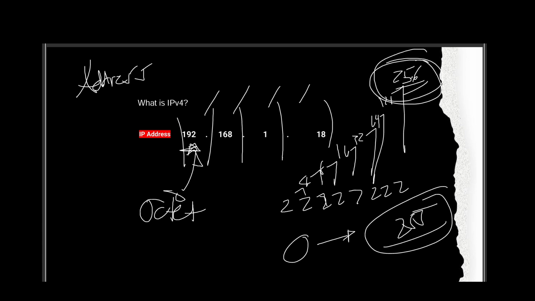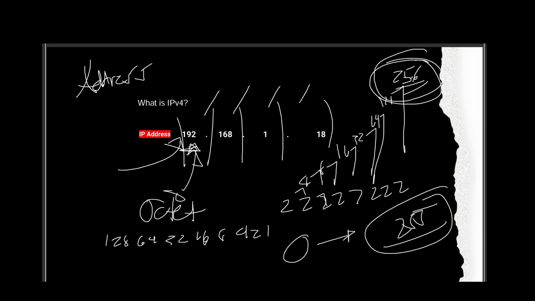And again, going back to our previous topics, we mentioned that a machine can only understand binary language, and this dotted form is a representation for us to easily identify an IP address. But at the machine level, 192 means 128, 64, 32, 16, 8, 4, 2, and 1.